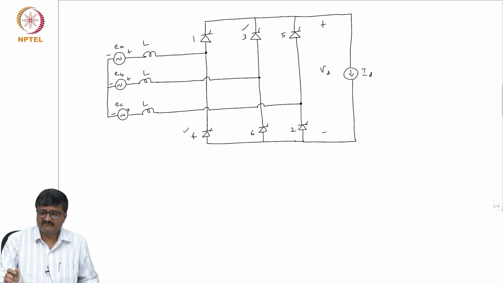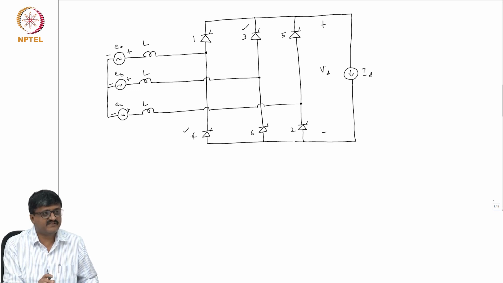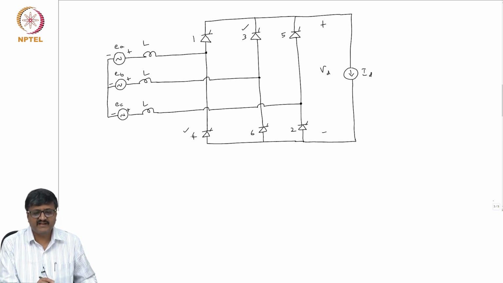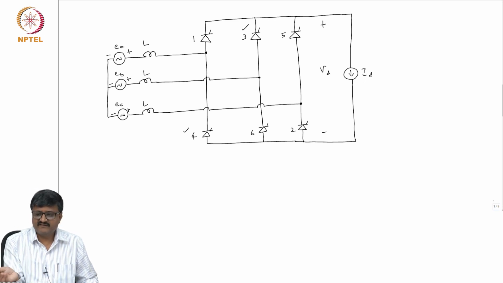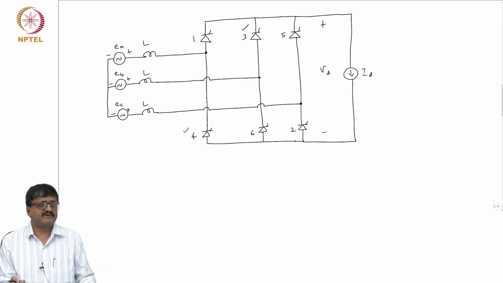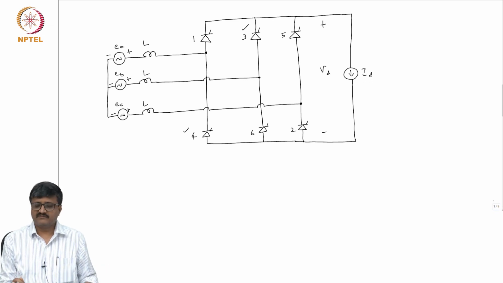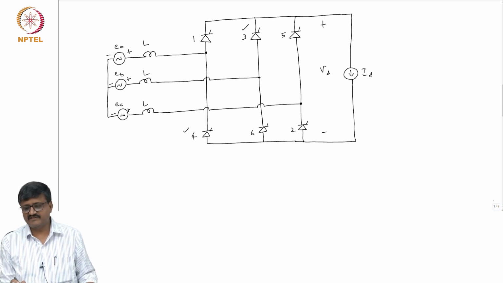The voltage sources through which there is a non-zero current are EA and EB. The inductances which carry the same current ID will not have a voltage drop across them because the current is constant, due to which I can easily write the expression for VD.